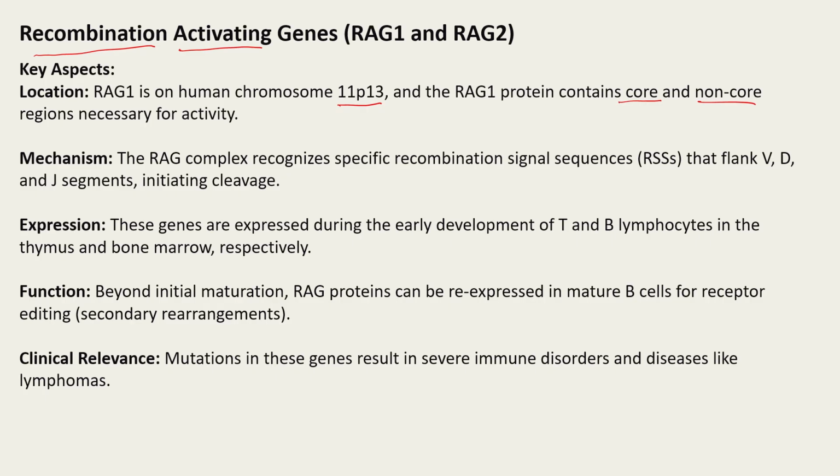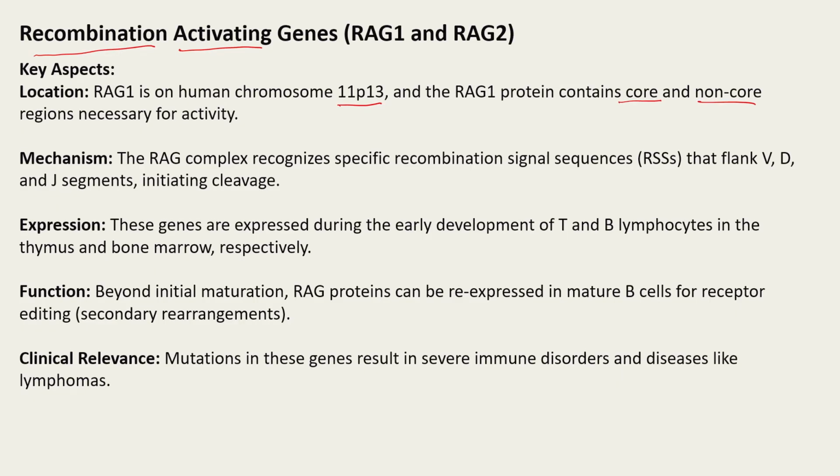These proteins bind to a region in a gene called the recombination signal sequences, RSS. We will see it a little later. So RAG proteins are produced by a coding sequence in a gene present on chromosome number 11, contain core and non-core regions, and can bind very specifically to the recombination signal sequences that flank the VDJ sequence in the gene.